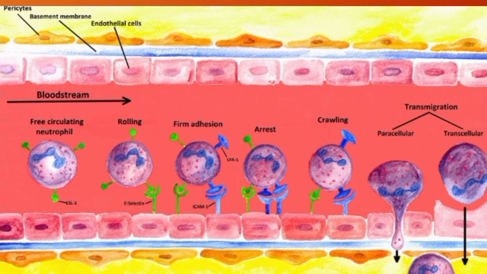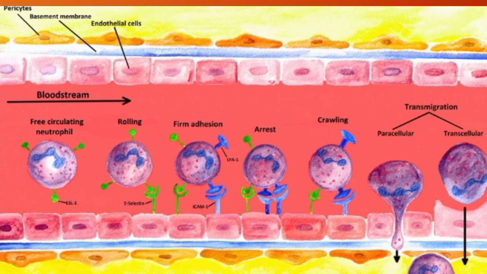Usually cellular components like neutrophils and other white blood cells are located in the center of small blood vessels while blood is flowing, where the flow velocity is maximum. In inflammatory foci, blood vessels are dilated due to the effect of inflammatory mediators. This results in a decrease in the flow velocity.